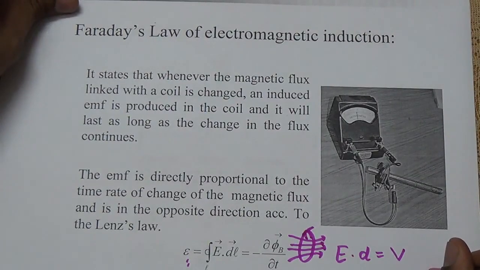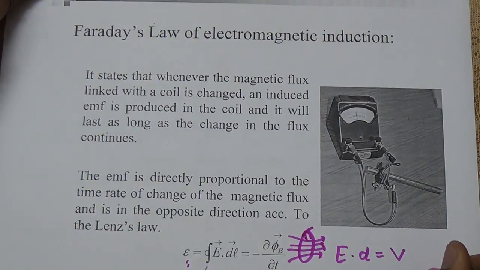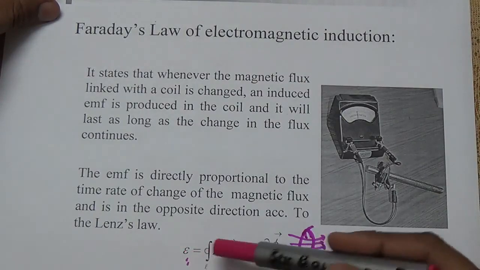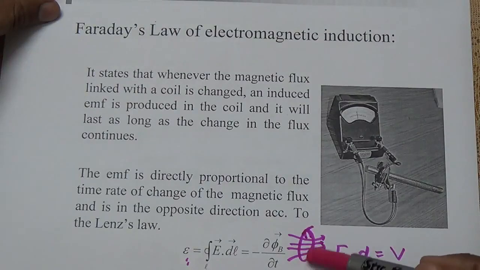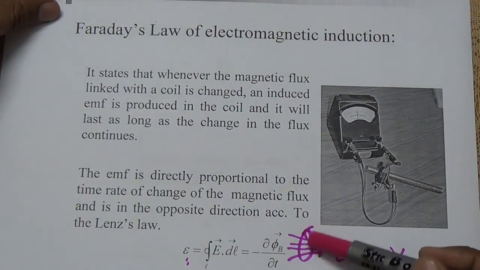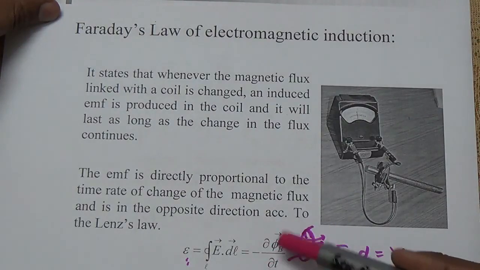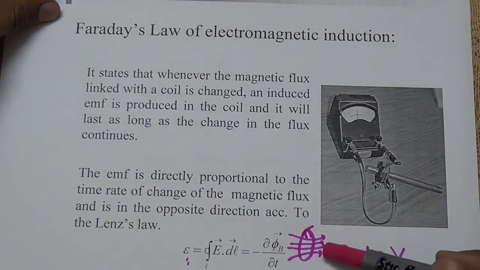The current opposes the change in the magnetic flux. So EMF is equal to closed path integral E dot dl, related to this closed loop, is equal to minus del phi B upon del t, the time rate of the magnetic flux. If you change the magnetic flux, there will be EMF.